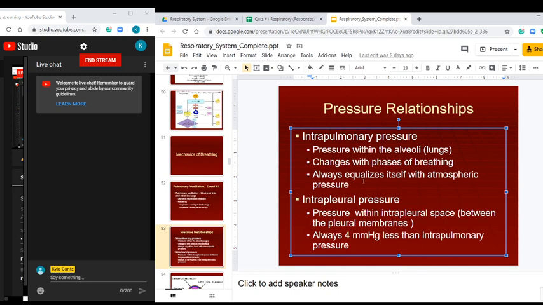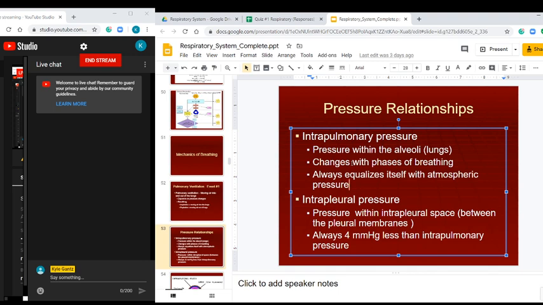Now, why would that be important? If it was the same, the lungs would have a hard time moving, expanding, and going down. If the pressure is the same, then that's as much pressure on the outside of the lung as the inside, and that's going to make it hard for the lung to fill up. It wouldn't hurt for it to contract down so much, but it would hurt for it to expand.